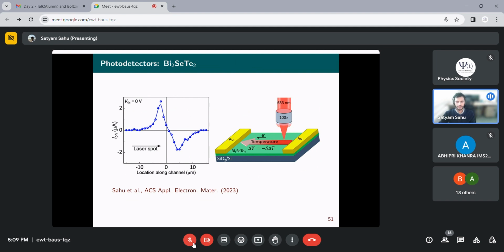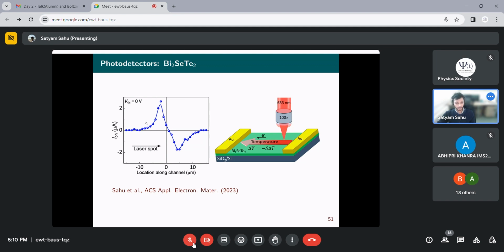In that, when you shine the laser at one particular point, you increase the temperature of that point, and the temperature at the other point is very low, which sets up a temperature gradient, and as a result you have a voltage difference. That's what we plotted here. Instead of voltage, we plotted the current at different points and observed how it changes.